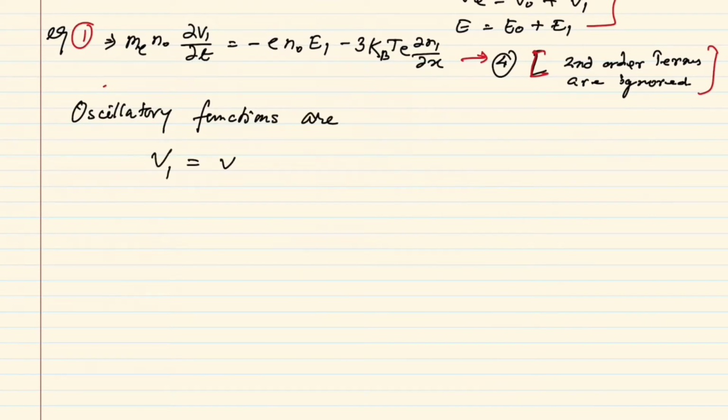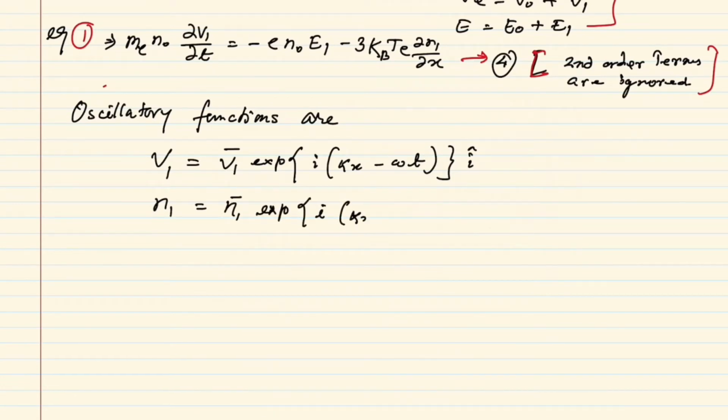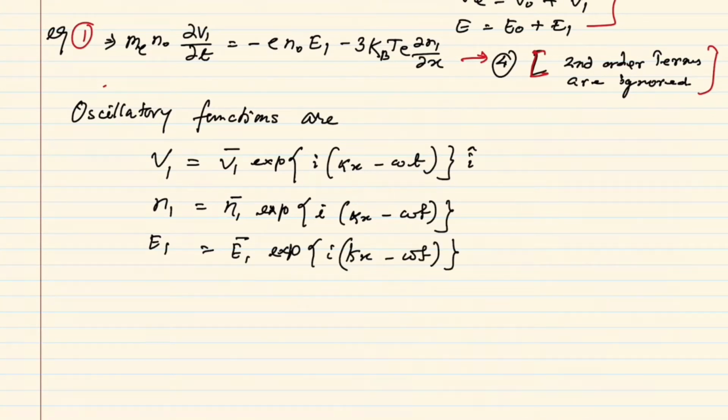V1 is equal to V1 bar, which represents amplitude, and exponential i within bracket kx minus omega t, bracket closed, i cap, which is a unit vector. Similarly, n1 is equal to n1 bar exponential i kx minus omega t, and at the end E1 is equal to E1 bar exponential i kx minus omega t, again i cap.